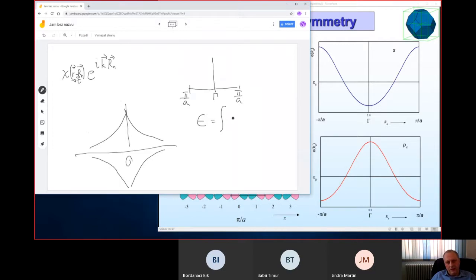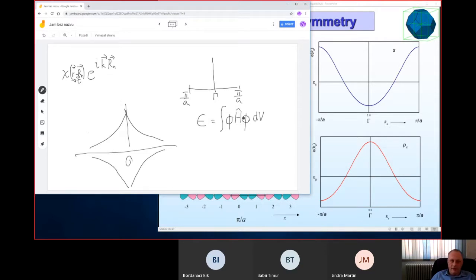and now the Bloch orbital, the Hamiltonian, which contains the kinetic and potential energy, and the same orbital, and we integrate over the whole volume.